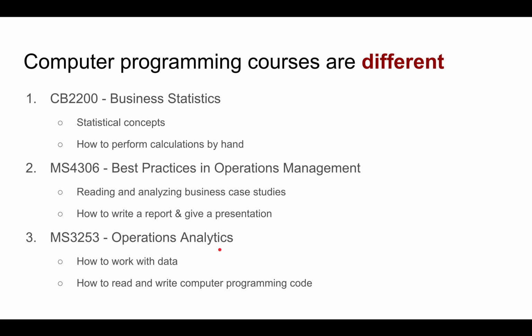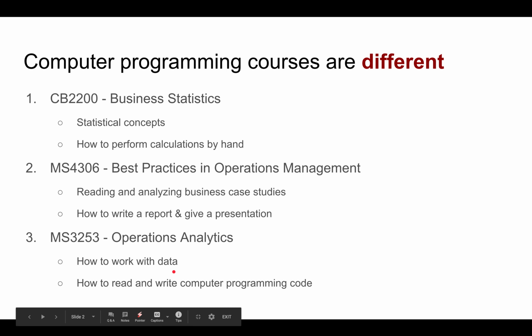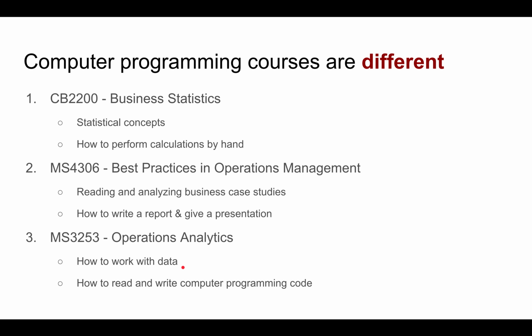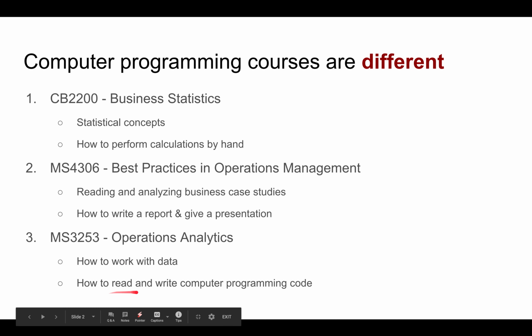For this course, you basically have to work with data using a computer programming language R, and you need to learn how to read and how to write computer programming code.